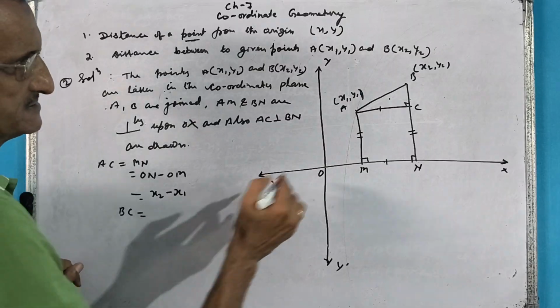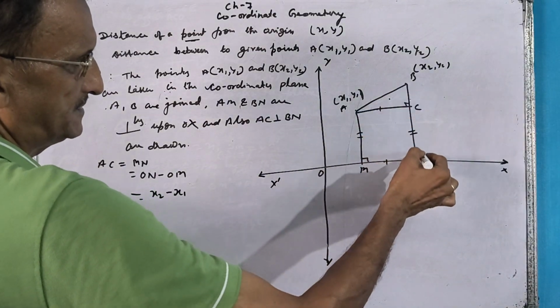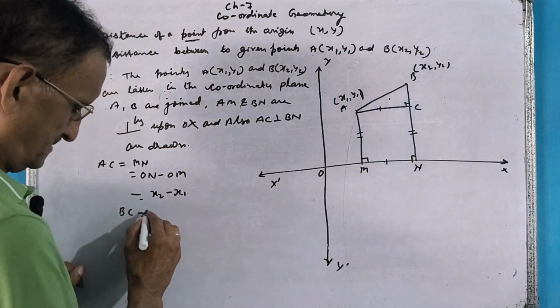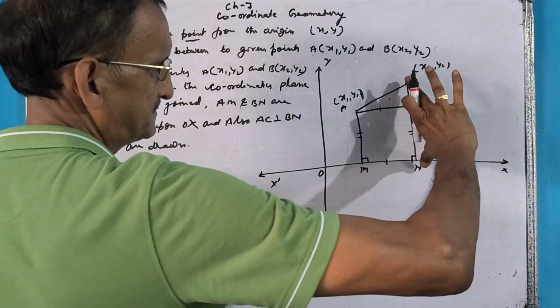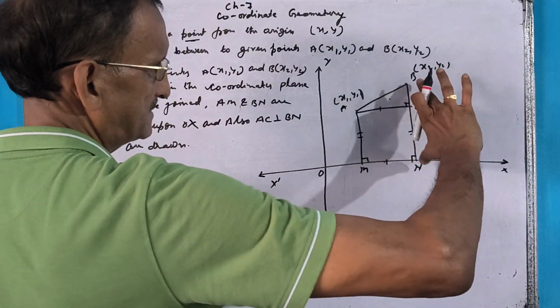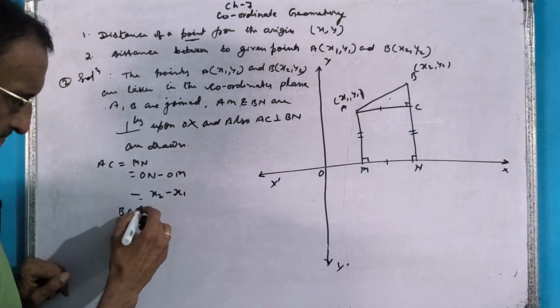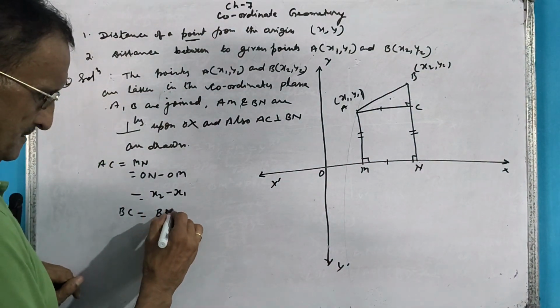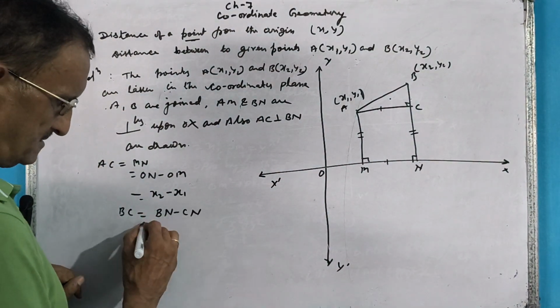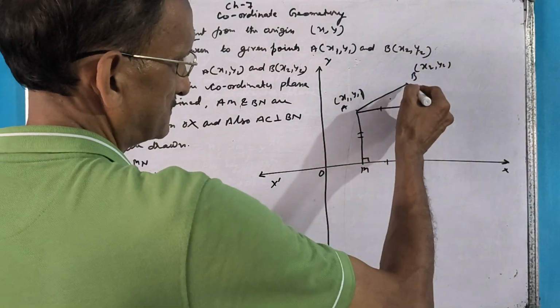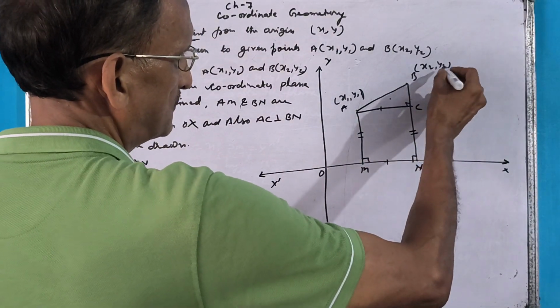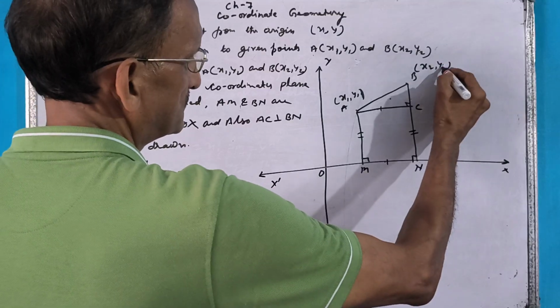How will you find BC? BC can be written as BN minus CN. What is BN? Ordinate of the point B, that is y2.